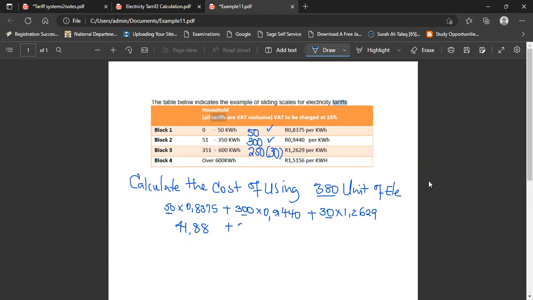We have the answer, 283 rand 20 cents, plus the 30 times 1,2629 becomes 37,89. I round off my answers.